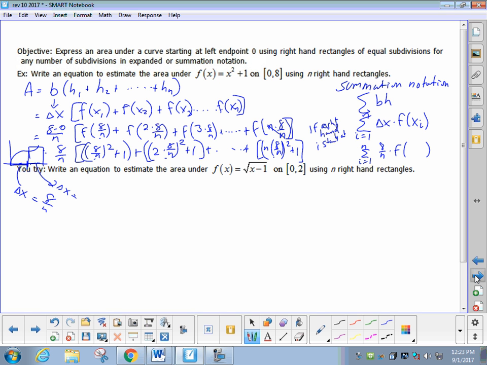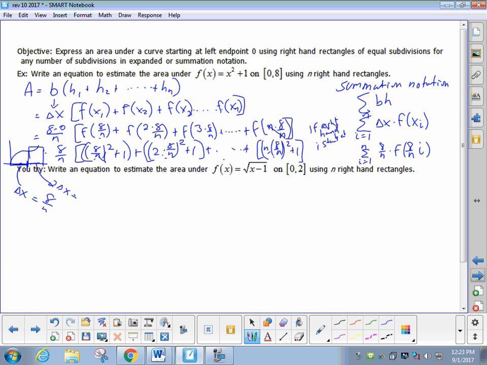So what's the pattern to the x's? 8 over n, how many times? Well, that's the counter: 1, 2, 3, 4. So what's the counter? i. i is the counter variable, and the n is how many rectangles.